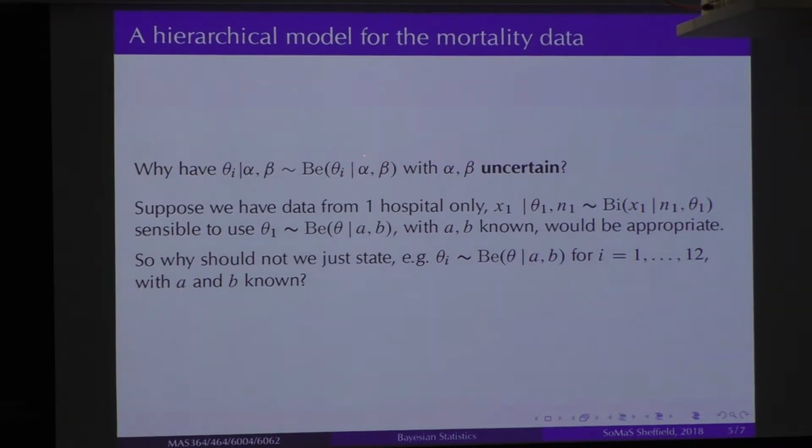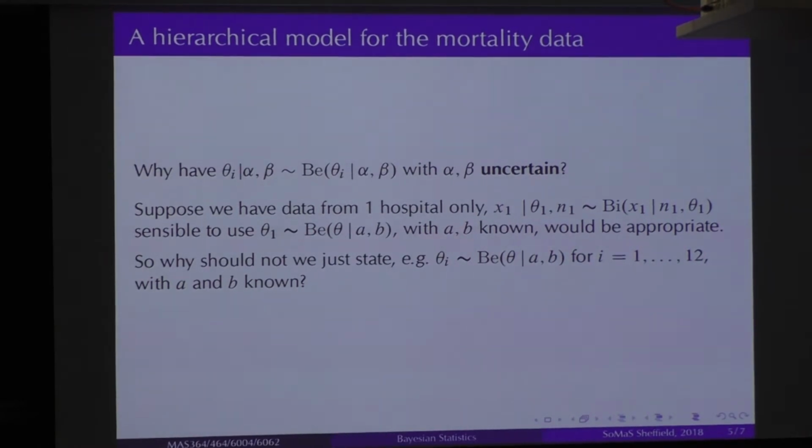But that will also mean that we need to fix alpha and beta, right? And we know that alpha and beta will fix the mean of the prior and will fix the variance of the prior, okay? And unless we have real information about these quantities, then probably we will need to make sure that we include this uncertainty in our model, okay?